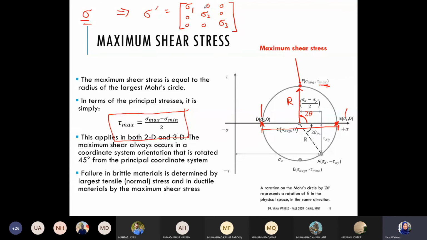So it just turns out, for the explanation I asked you to look at the Mohr circle, that I can use these principal values to also find my maximum shear stress. The only thing I need to do is identify, among these three, what my sigma max is and what my sigma min is.